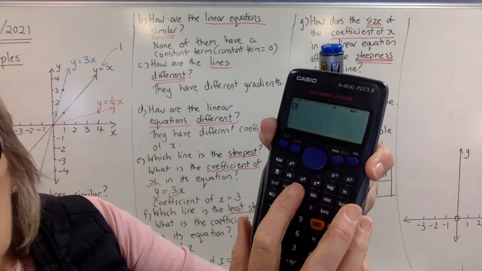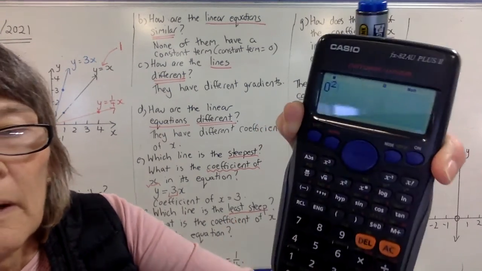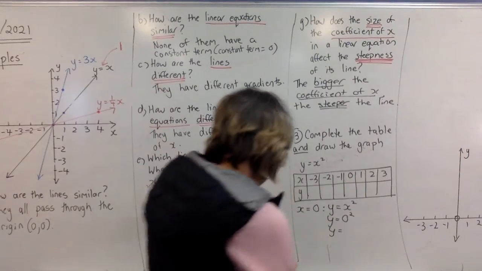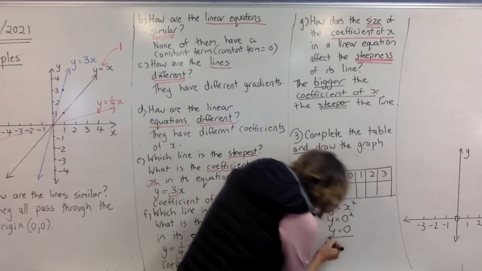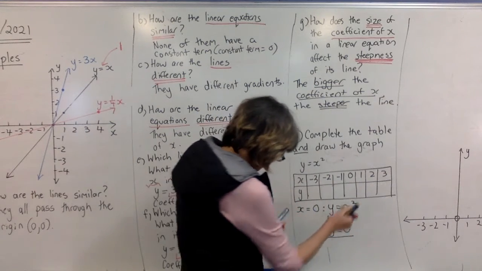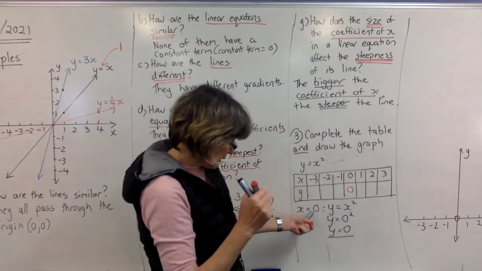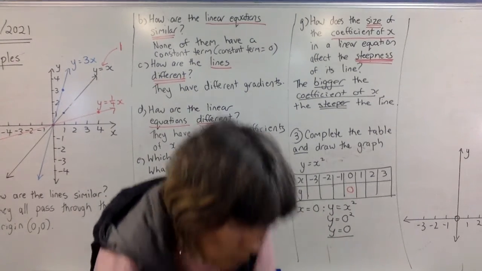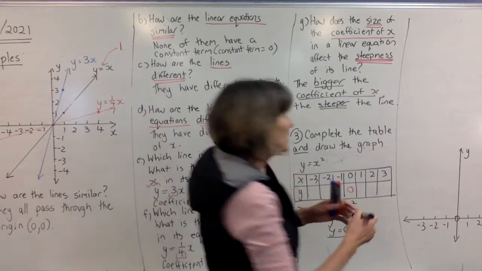Just here. So I'm going to press that, and there's your 0 squared, press equals, and it's 0. Okay, now when you get that answer, you're going to put that underneath the x equals 0 that we just put in. Alright, so you need to go ahead and just do all these positive numbers first because they're easier.